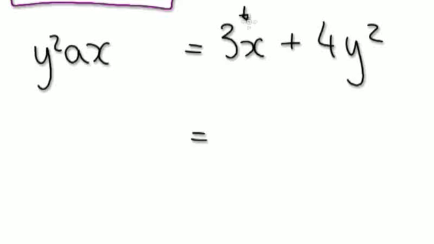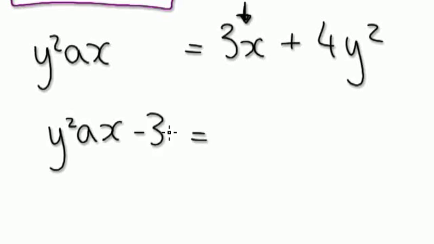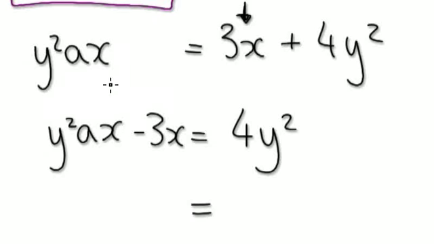So take away 3x on both sides. So y squared ax, take away 3x, and then over here it's just this. And now you can see all the x's are on one side and rubbish on the other side.